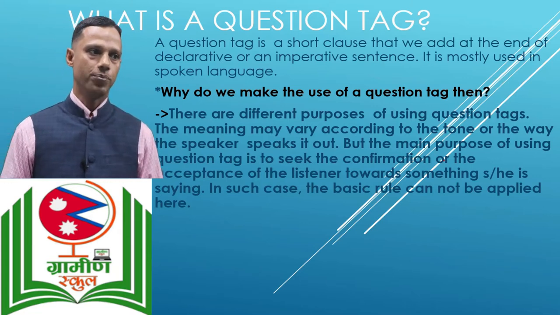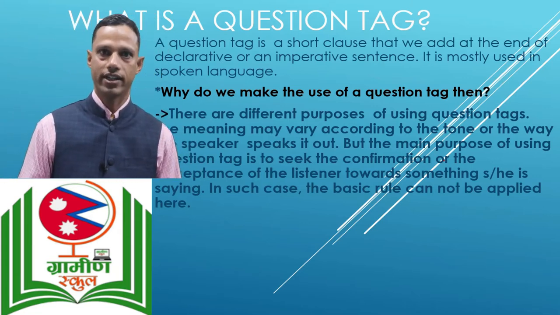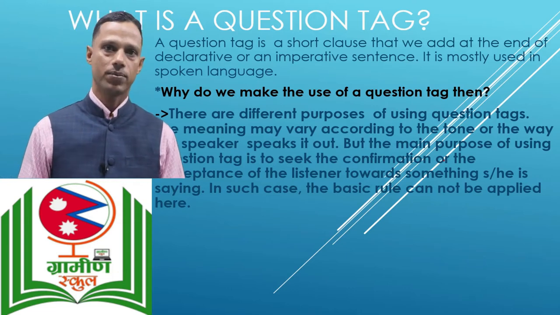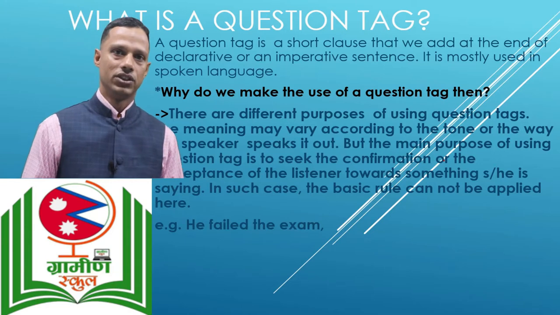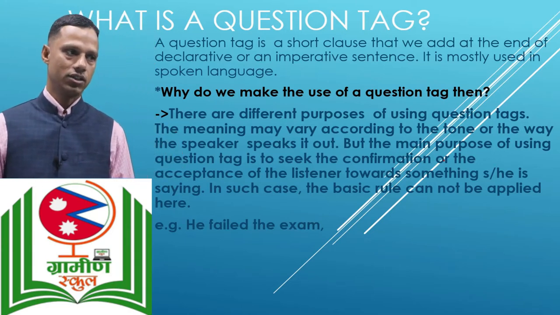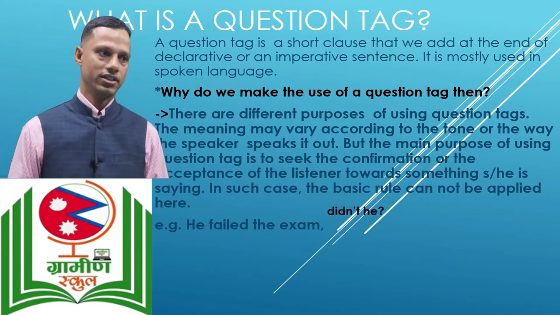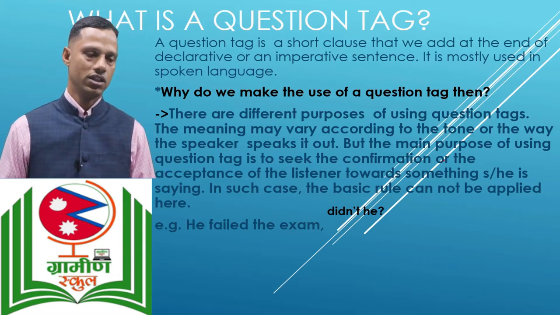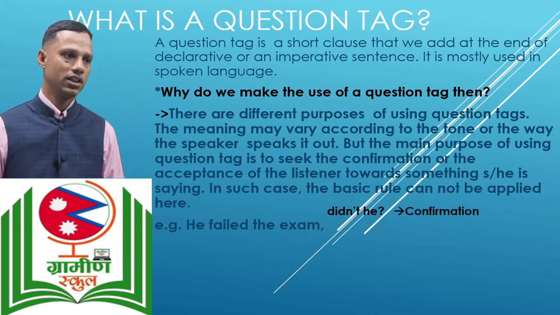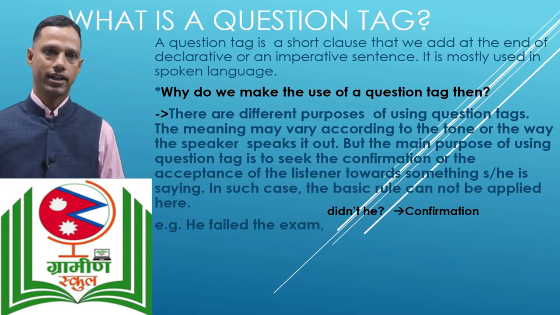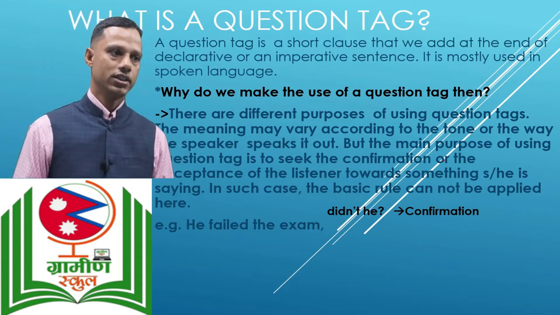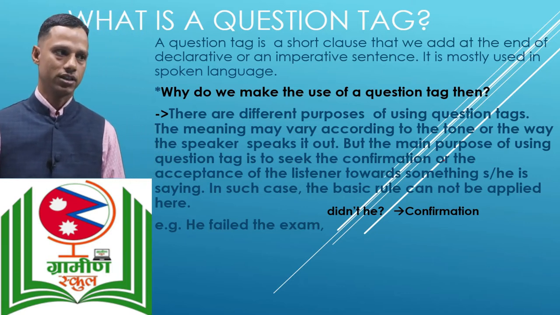In such cases, the basic rule cannot be applied here. Let's see some examples for this. He failed the exam. Can you guess the question tag for this? Yes, didn't he? This question tag is made for seeking confirmation, right?